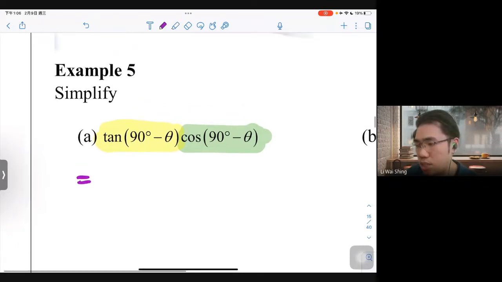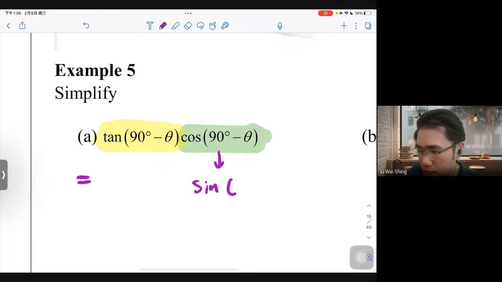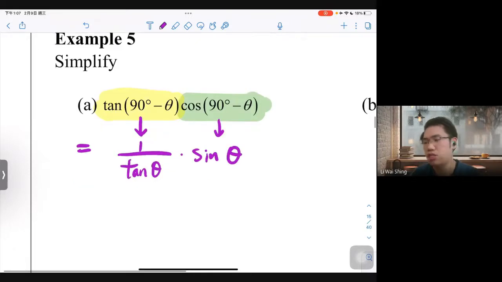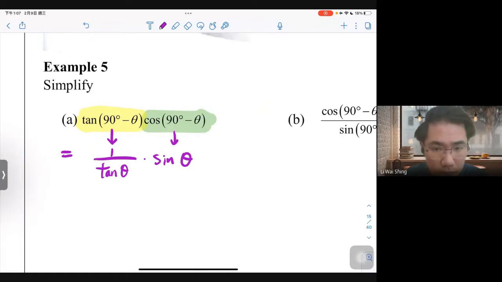So cosine 90 degree minus theta, cosine becomes sine without 90 degree and add a theta there. Tangent, you change it into 1 over tangent theta. So actually, you are simplifying this.